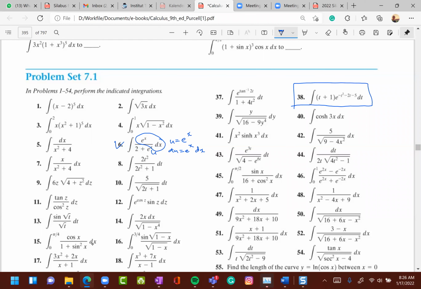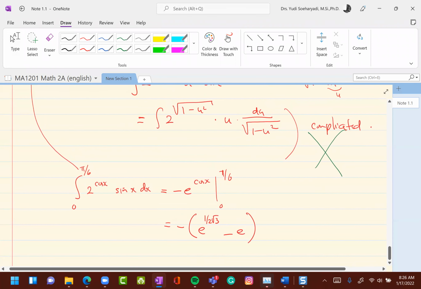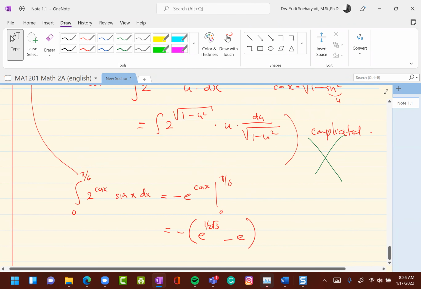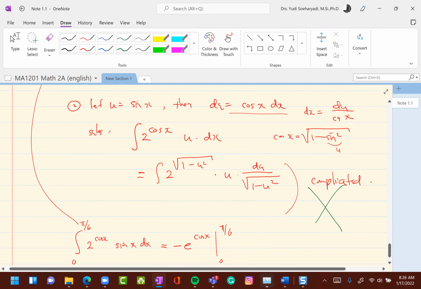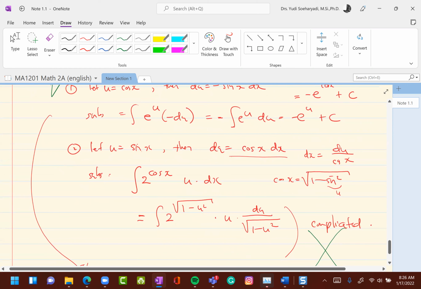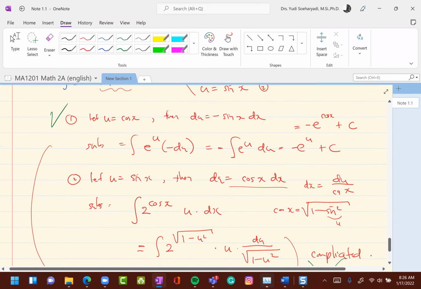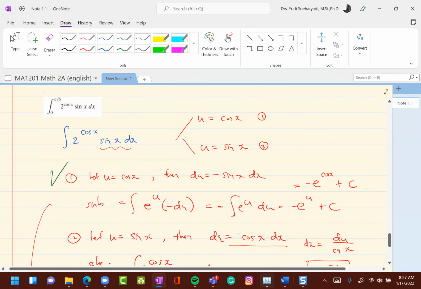Sorry, I think I have a question for the previous question. Why is E there, sir? You changed the question to 2 over cos x, but why is it changed to E? Sorry, you are right.